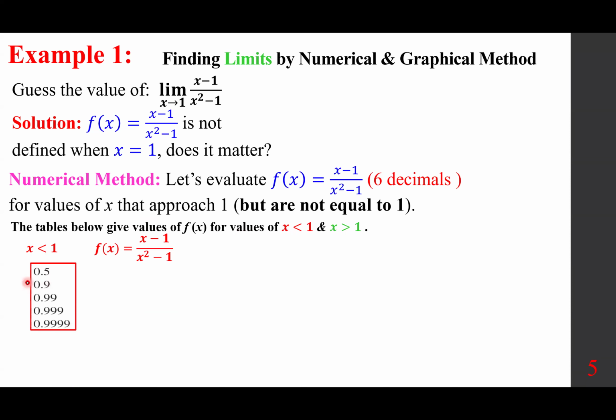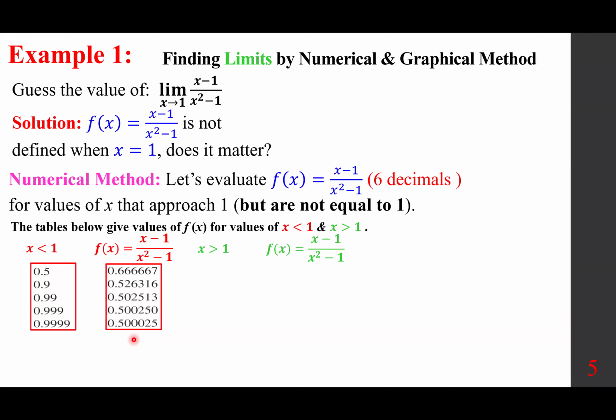So even 0.9 is way too off. Okay? So you evaluate this function and you get the following table. And you notice the numbers seem to be getting closer and closer to some number. That is the limit. That number appears to be 0.5.